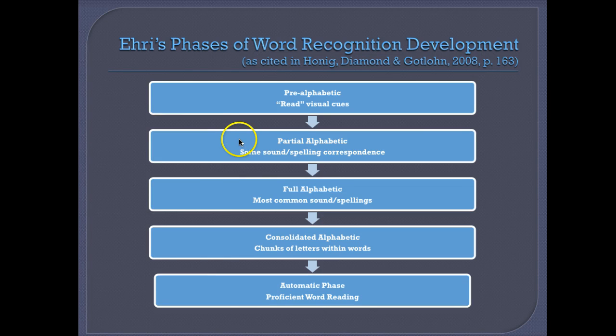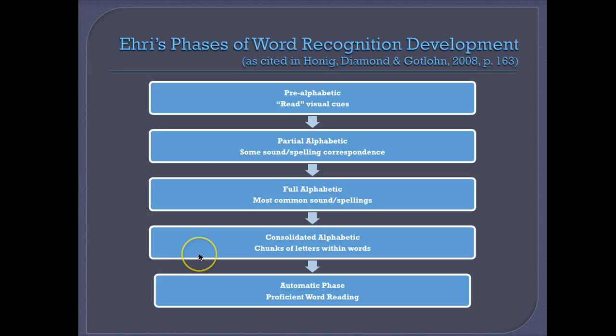So unlike the partial alphabetic phase, where they might attend to just the first and last letter, or just the last or the first, here they are attending to all letters in each word because they know that this will help them decode a word. On to the fourth, which is the consolidated alphabetic, where they use chunks of letters within words, so they no longer have to rely on individual sound spellings.